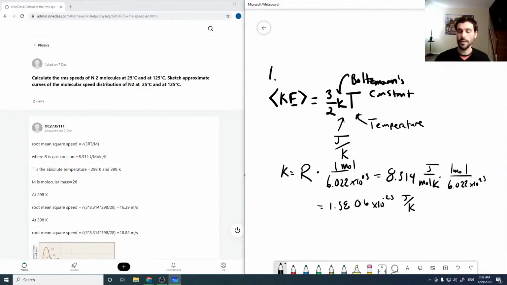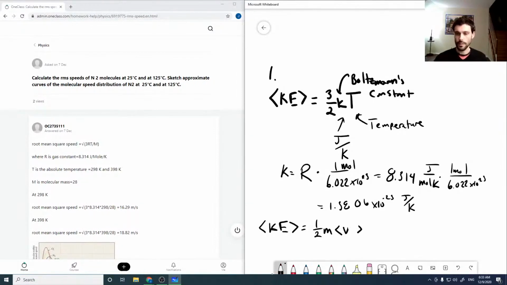So that also means that we can re-express our average kinetic energy. Let's backtrack a little bit. Our average kinetic energy is 1/2 m v squared, where v squared is the average velocity squared.